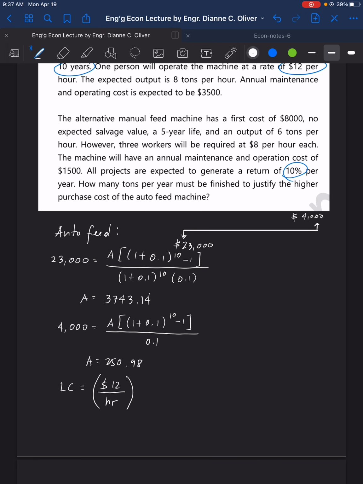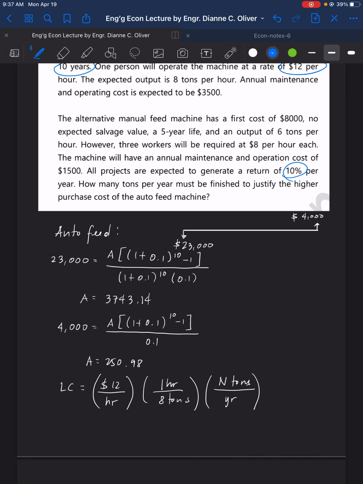Okay, so for us to get an amount, so this is the expected output. So they will have the 8 tons per hour. So we have here 1 hour, 8 tons. Okay, and then we have here the N tons per year, because we're actually computing for the number of tons.